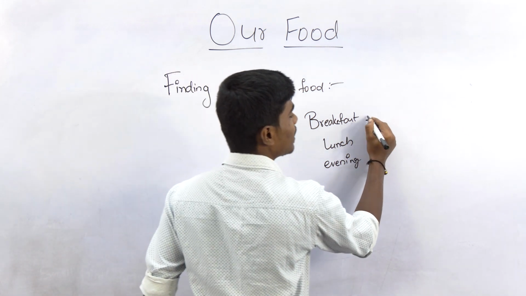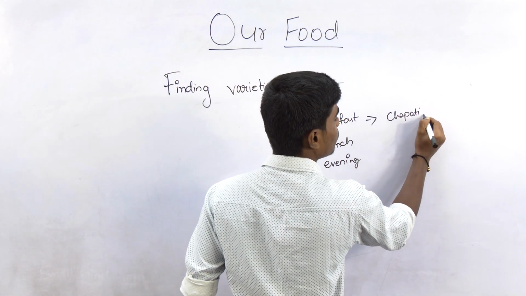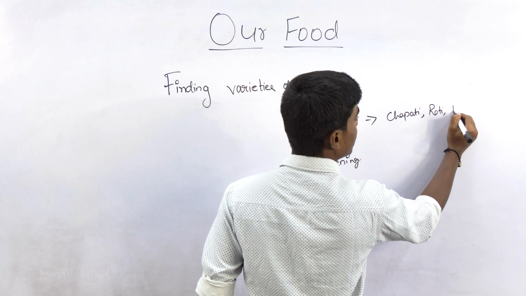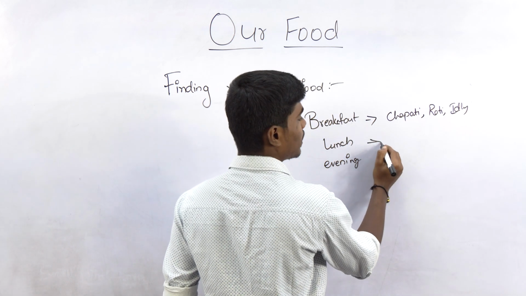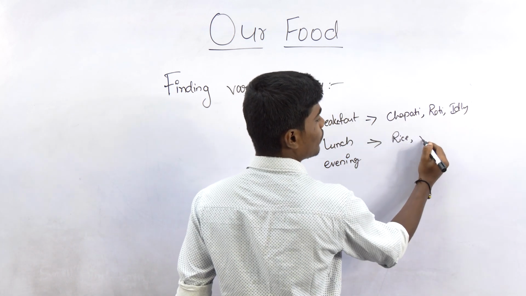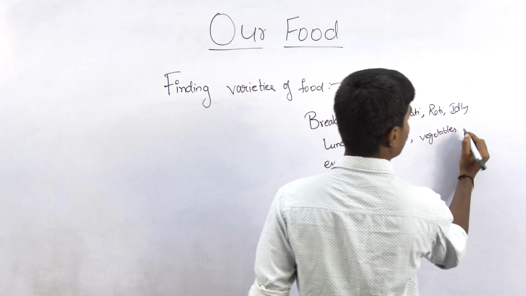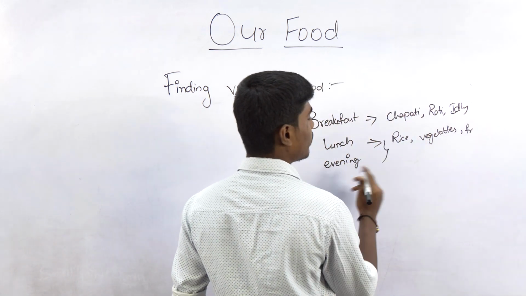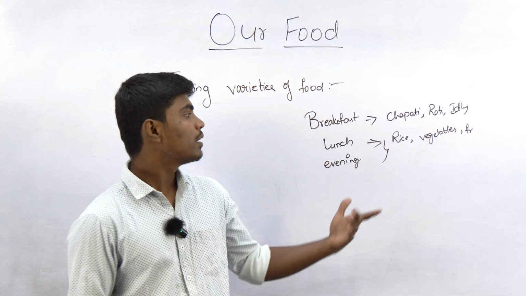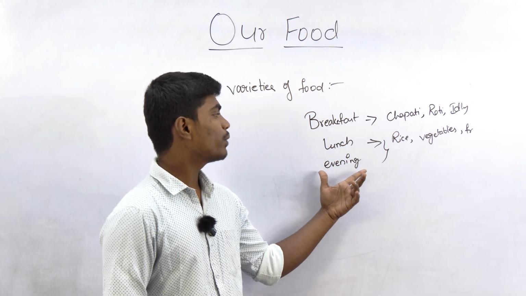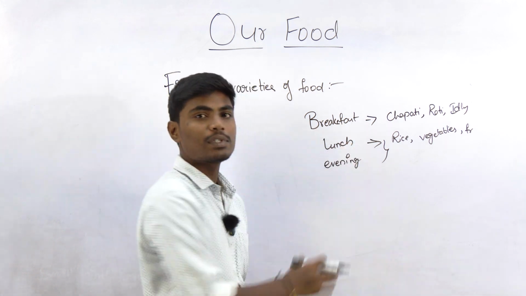In breakfast, we generally consume chapati, roti, idli, and so on. In lunch, rice, vegetables, fruits. In the evening, rice, vegetables, fruits. We eat different types of food items at different times in our day-to-day life.